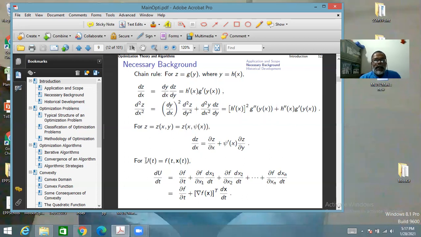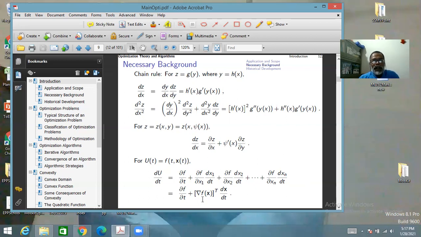And this is another such situation in which, in place of this psi, I have put a vector function. So there, this part will become the gradient.